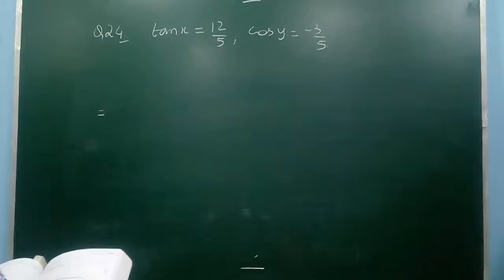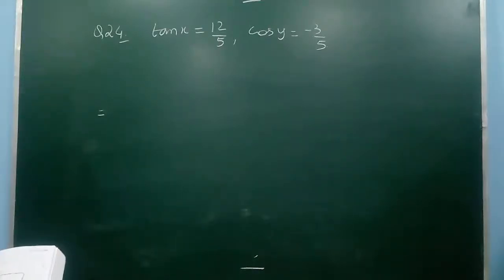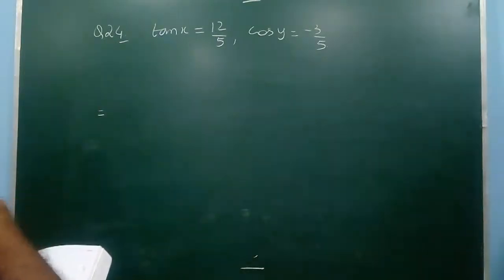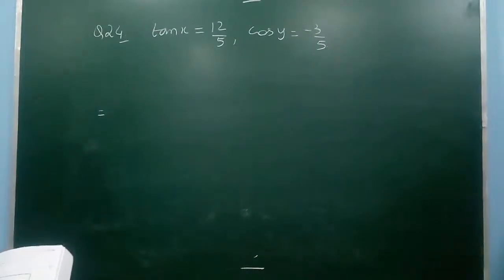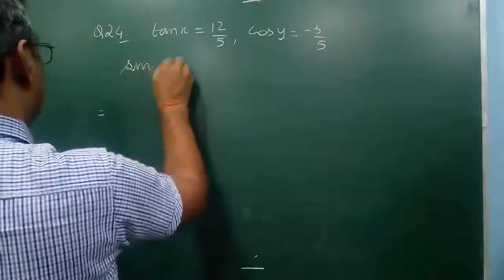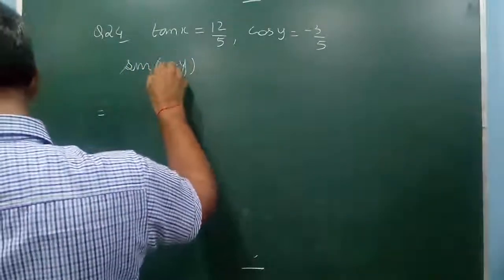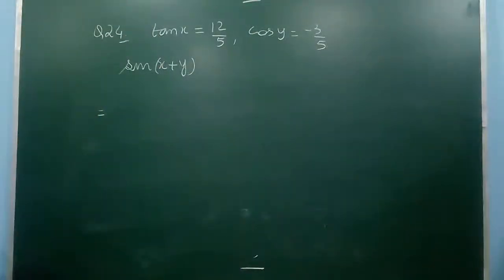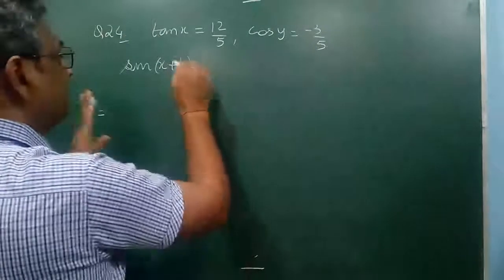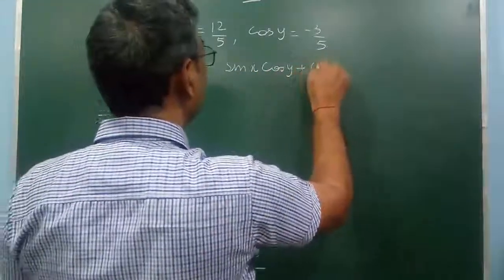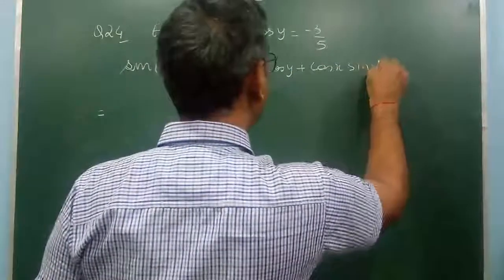Calculate without use of table the value of sin x plus y. This we have to find. Now firstly, if I just open this, it is sin x cos y plus cos x sin y.